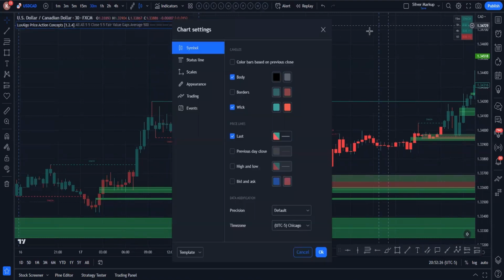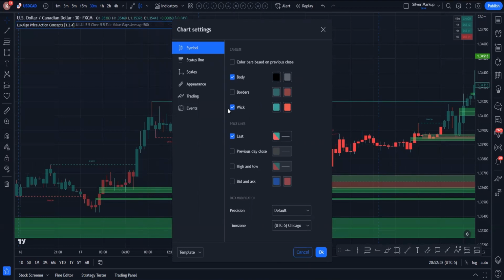What you'll need to do is to go into your chart settings, which for TradingView is going to be right here, and then go into the body. You want to make it exactly like I have mine. I have black, gray. I did the borders like this, and the wicks don't matter. But as long as the body is set up like this and the borders is grayed out, it'll work and it'll look like mine to where you'll be able to know exactly what is what.